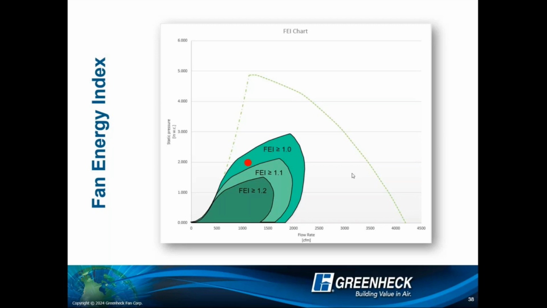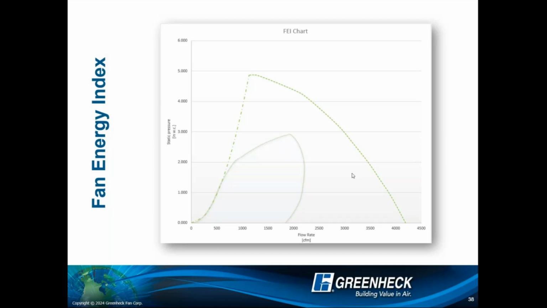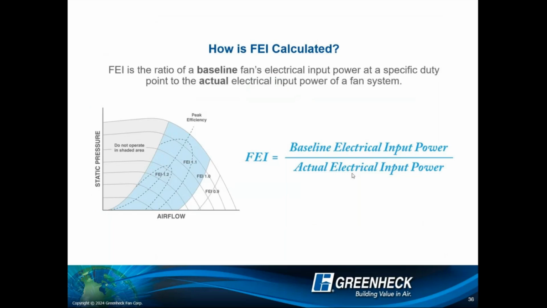Can you go back one more slide too? So one of the questions was about the FEI cloud, the dotted lines you see right there, aside from the system resistance curve, obviously. That represents almost like a topographical map of the FEI available. So anything within that FEI 1.0 would be acceptable for now.